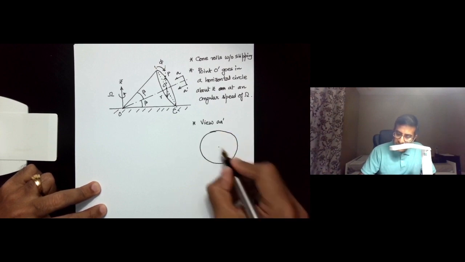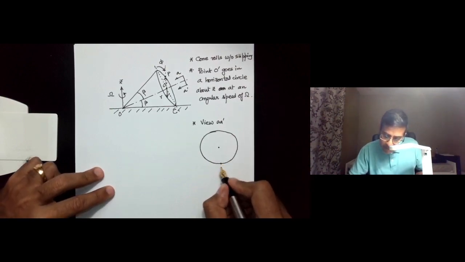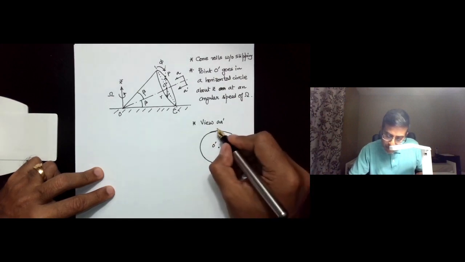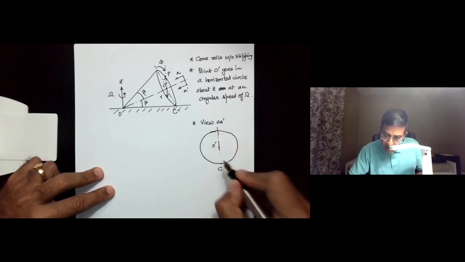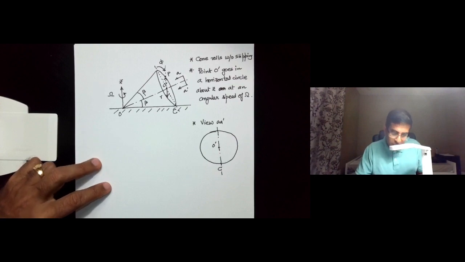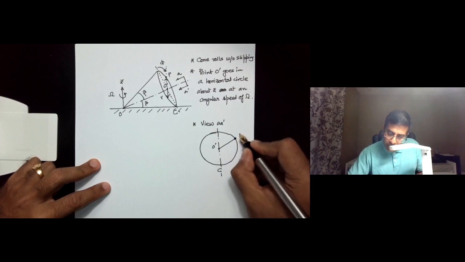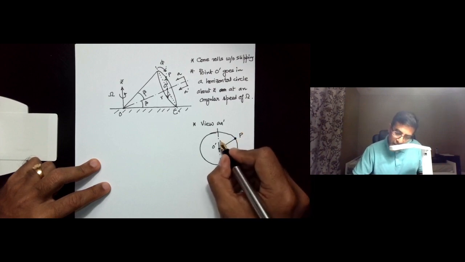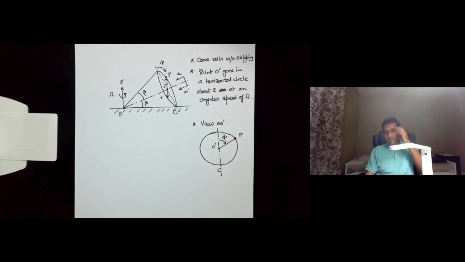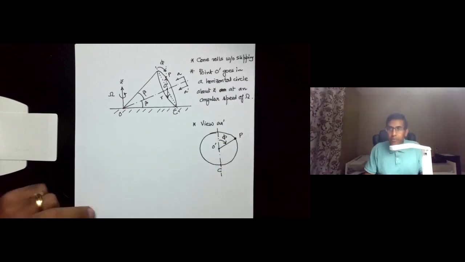So that's the base circle of the cone, and C is here, O prime is here, and here is the line joining C and O prime going through the topmost point of the circle, and the point P is somewhere here, and O prime P is making an angle phi with respect to this line through C and O prime. Okay.